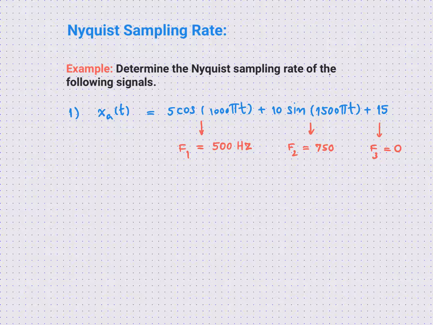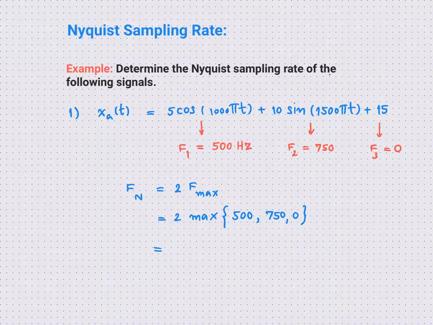So if we use the formula, we will see that the Nyquist sampling rate can be found from twice F max. And F max in this case is the maximum between these three frequency components. So maximum of 500, 750, and 0.